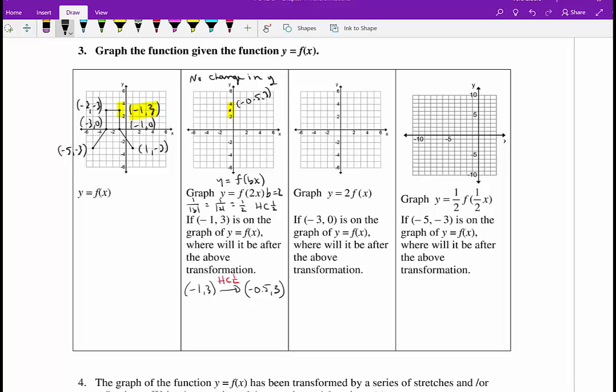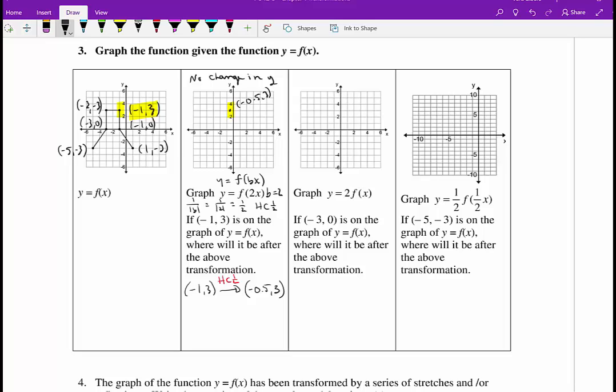On the second graph, it is a half a unit. So that means that every point on our original graph has to be half the distance that it was from the y-axis, and our y coordinates stay the same. It's our x that changes. Okay, so if you notice, it used to be negative 1 and 3, now it's negative 0.5 and 3.